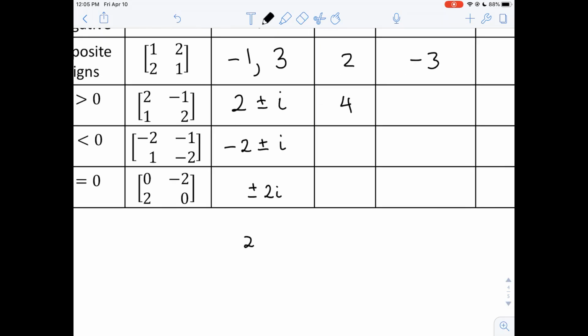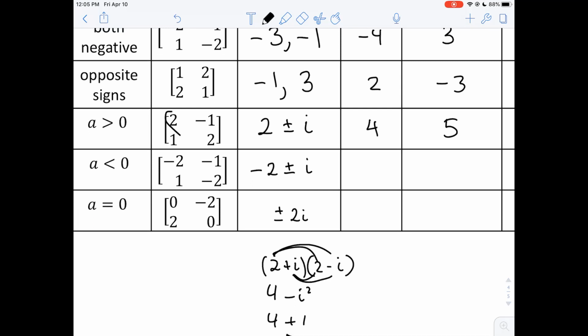We have 2 plus i, multiplied by 2 minus i. We get 4, -2i plus 2i will cancel, and we get minus i squared. Well, i squared is -1, so that becomes plus 1, and we get 5. When I multiply the eigenvalues, I get 5. Let's do the determinant here. We do 2 times 2 is 4, and then minus a -1. 4 minus -1 gives us also 5.